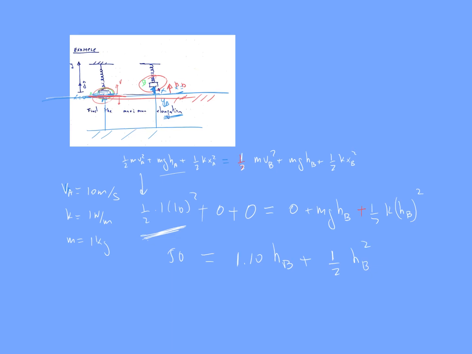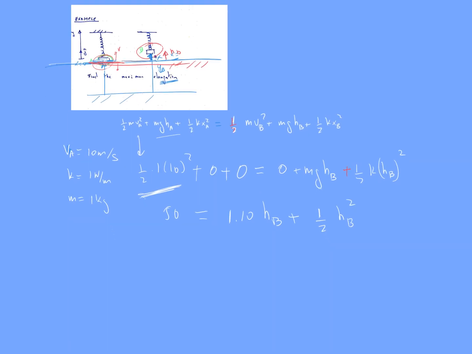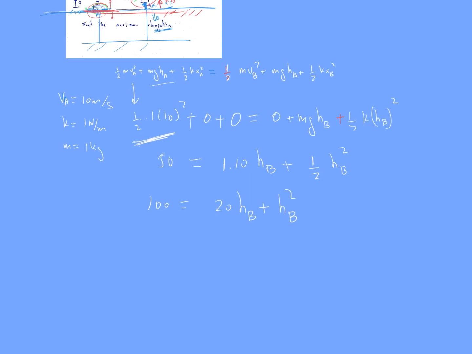So what I have now is a quadratic equation, and I have to solve it for h_B. So I multiply the equation by 2, and I have this equation. So I can solve it using the discriminant.